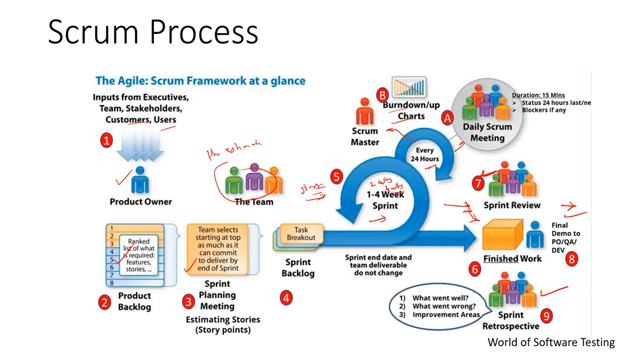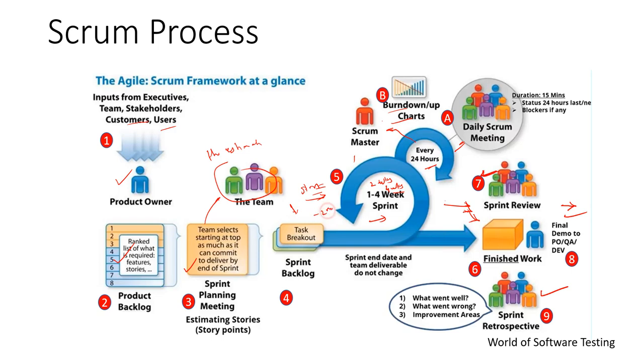In this way, once all the release cycles are completed, the client will get complete software with all the functionalities. First we have completed the first cycle, then again the same process will start. Based upon the product backlog, the team will again find some requirements for the second sprint, and then they will prepare the sprint backlog document.